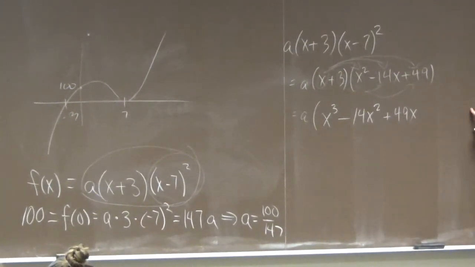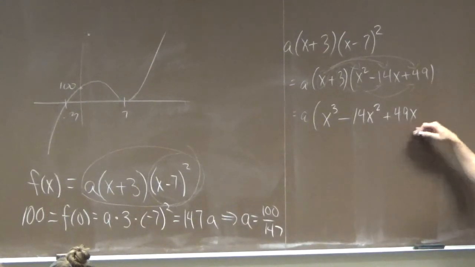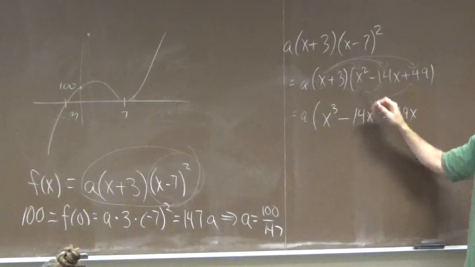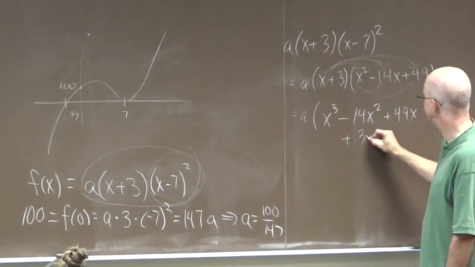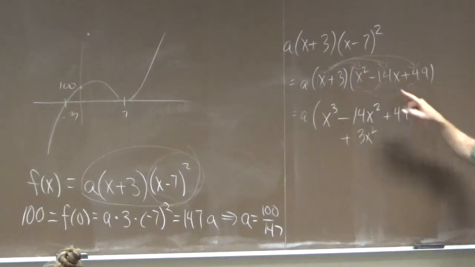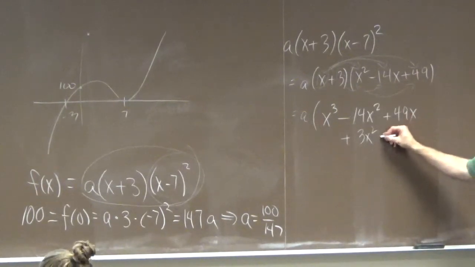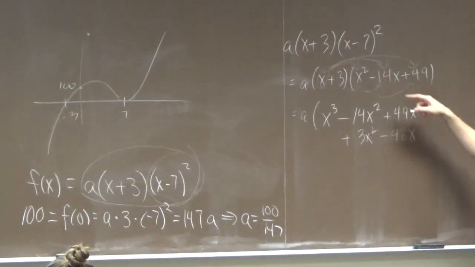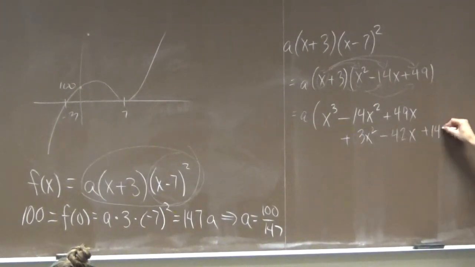I could continue to the right here. I like lining up the next set of terms below, lining up like terms. 3 times x squared is 3x squared. Put it beneath the other x squared term. Plus 3 times -14x is minus 42x. Then 3 times 49 is plus 147.